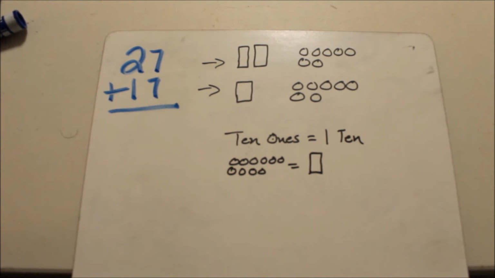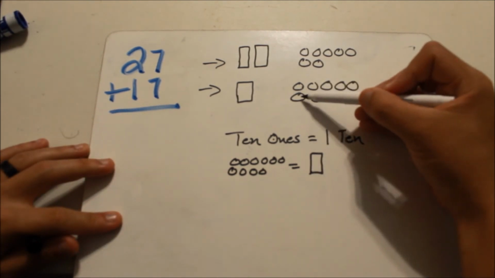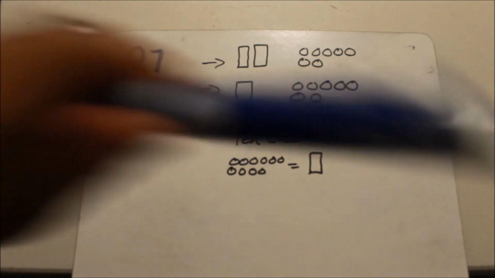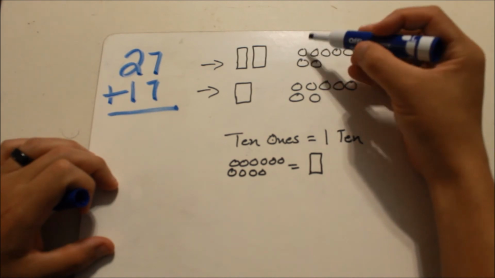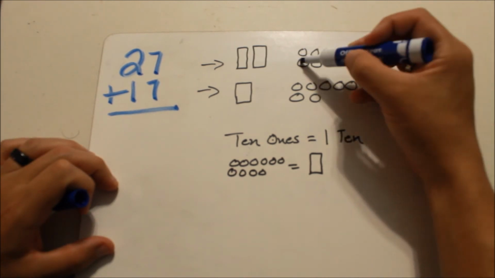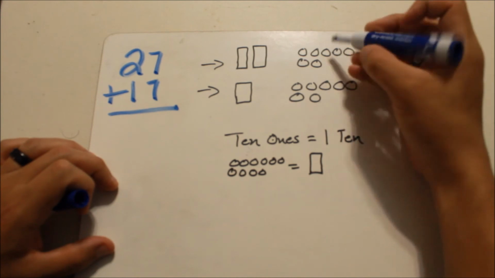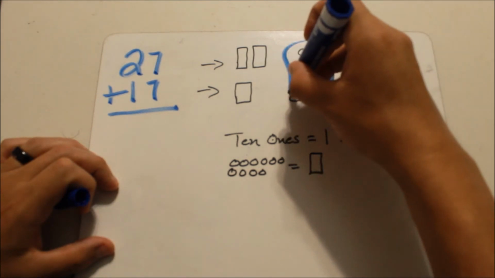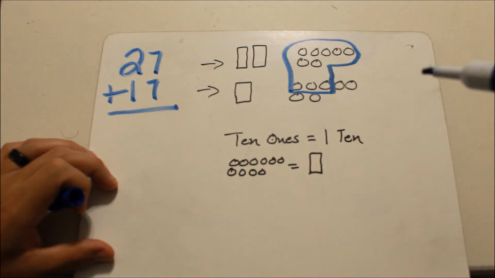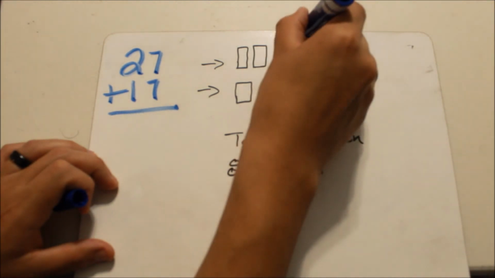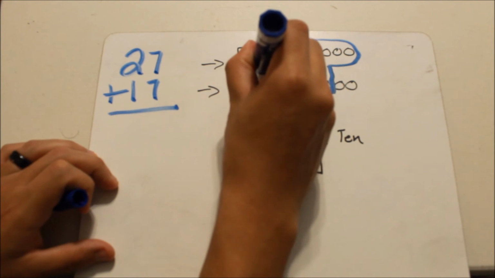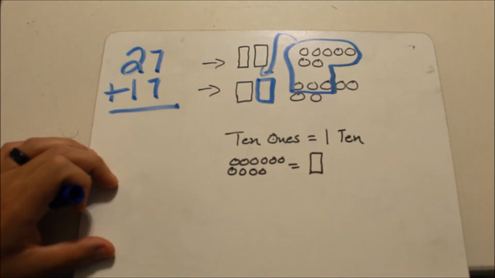So, knowing this, we need to group together 10 ones. So I have 1, 2, 3, 4, 5, 6, 7, 8, 9, 10. Now, with our arrow, we're going to put that into our tens. And there's my new 10.